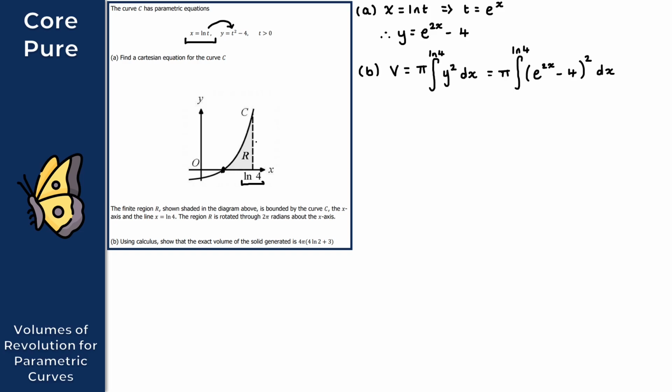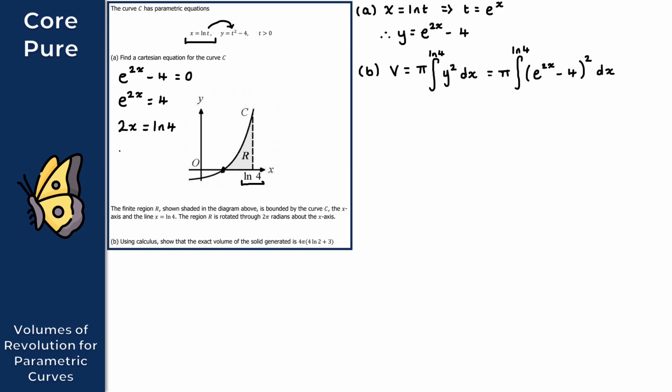So in that case, that will be when y is equal to 0. So y is equal to e to the 2x minus 4, so e to the 2x minus 4 is equal to 0. Now add 4 to both sides. We get e to the 2x equals 4. Now if we take the natural logarithm of both sides, we get 2x is equal to ln 4.